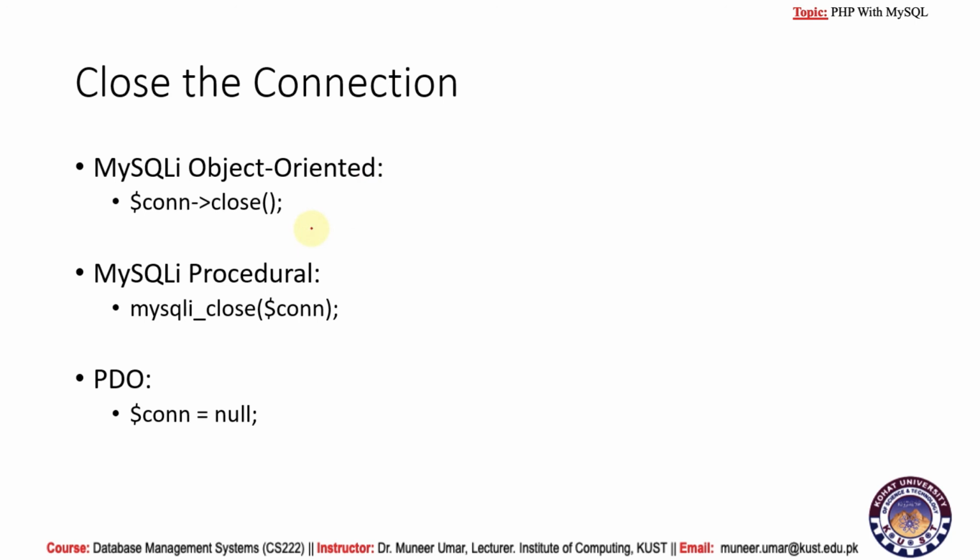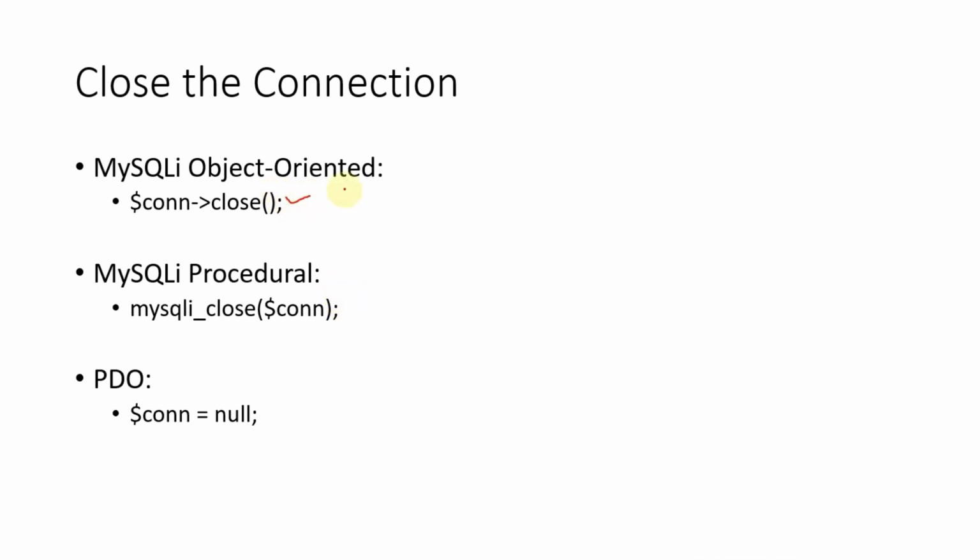So here for mysqli we use this command to close a connection. For procedural, this was for object oriented. For procedural we have somehow similar code, and for PDO we put null in the connection object.